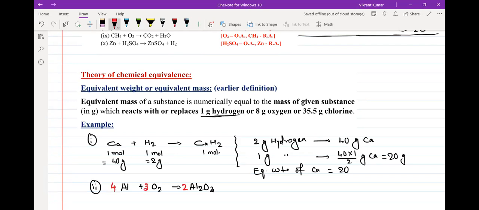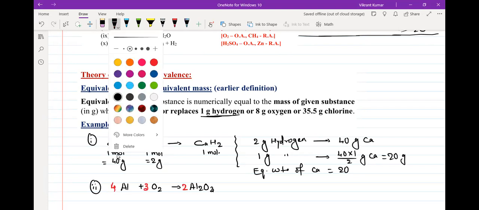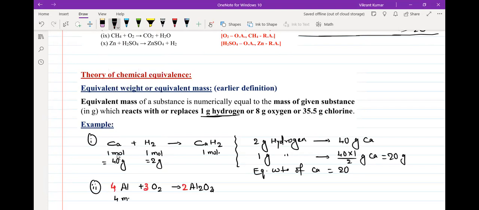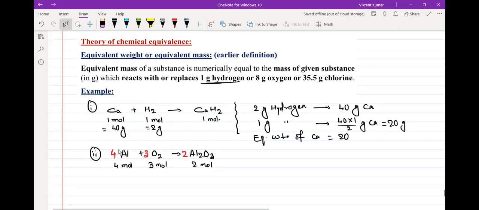Is it okay? Now this balanced reaction says that 4 mole of aluminium will consume 3 mole of oxygen and will produce 2 mole of Al2O3. Now in terms of mass, 4 moles of aluminium means 4 into 27 gram, and 3 moles of O2 means 3 into 32 gram, and they are reacting together.